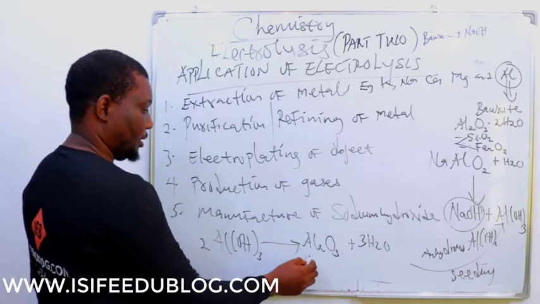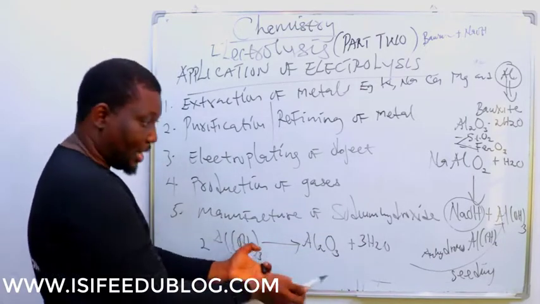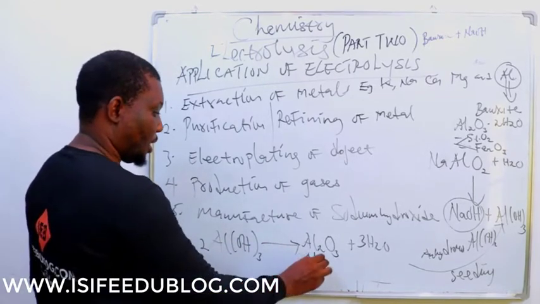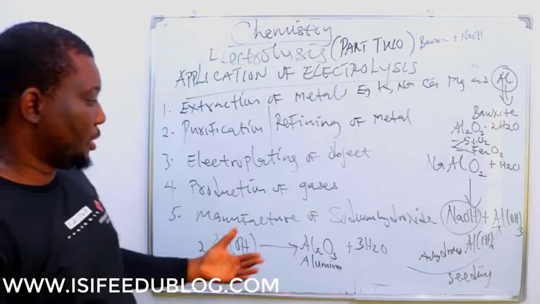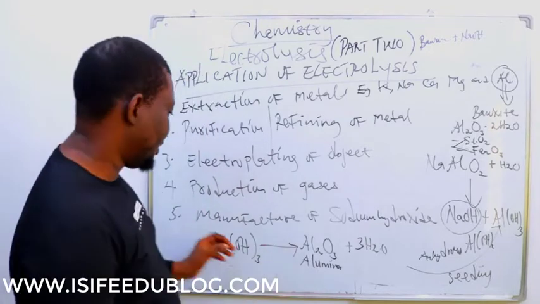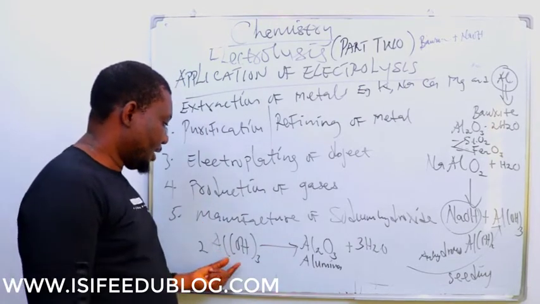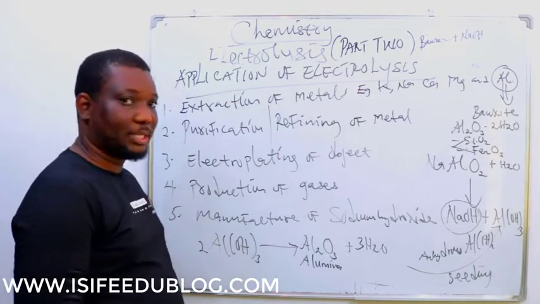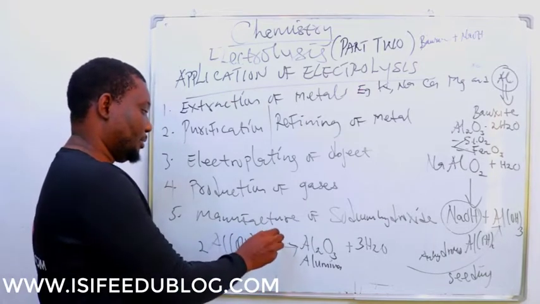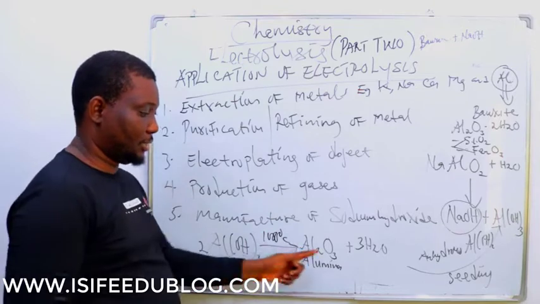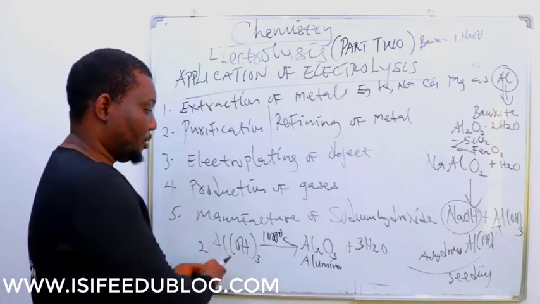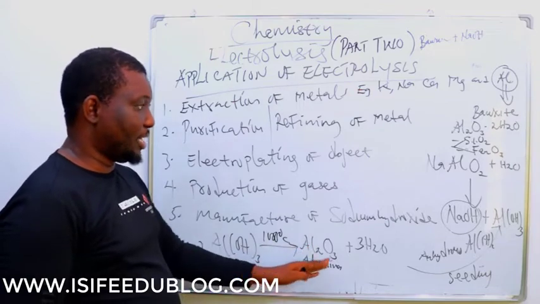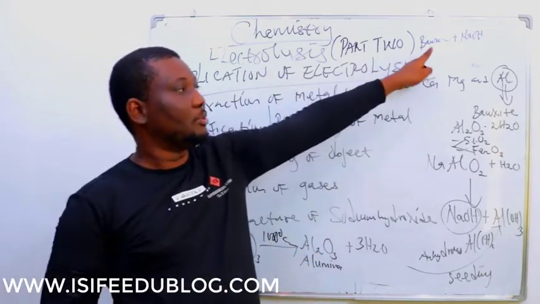This is anhydrous aluminium oxide, which is called alumina. Alumina is a hydroxide that has been heated at a temperature of about 1000 degrees Celsius. So it's a dry aluminium hydroxide. So this alumina is a purified bauxite.